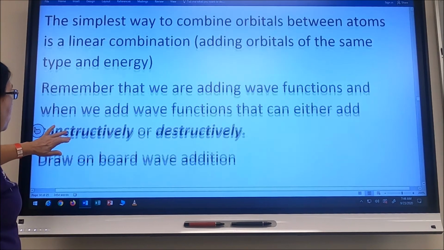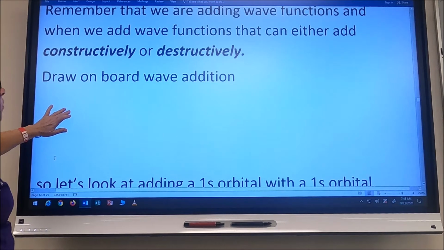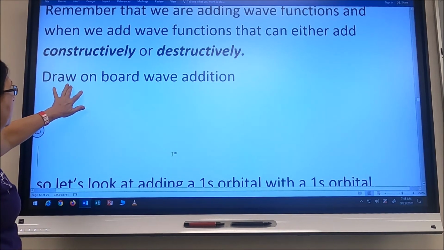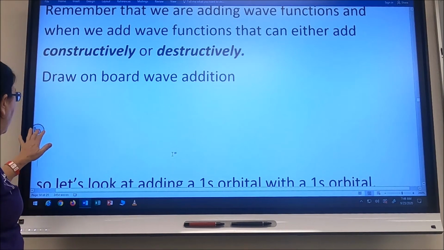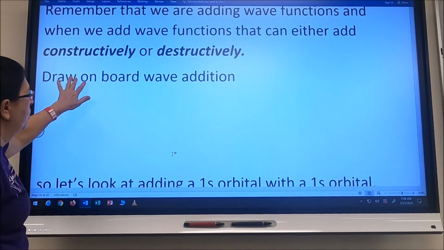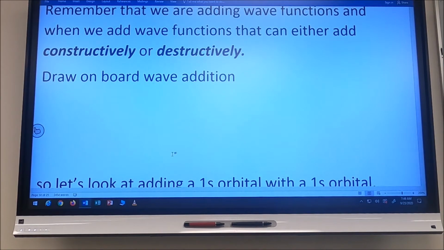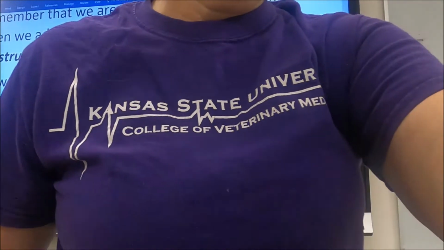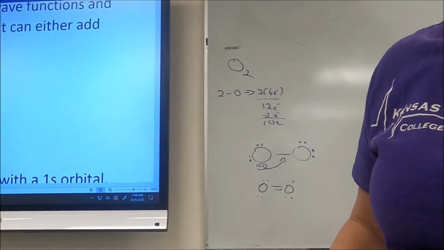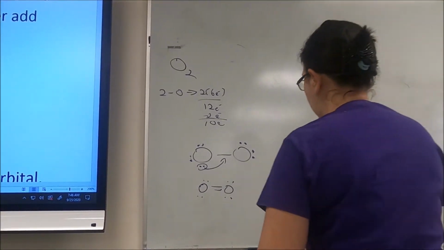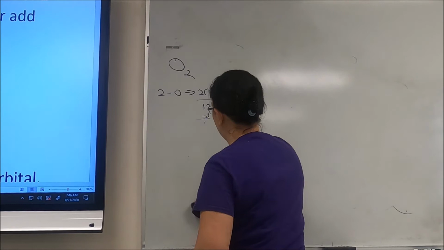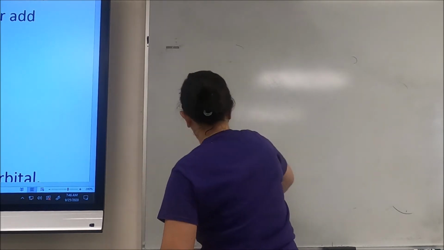When we add waves together, we can add them constructively, or we can add them destructively. There's always two possibilities. Let me show you very simply.